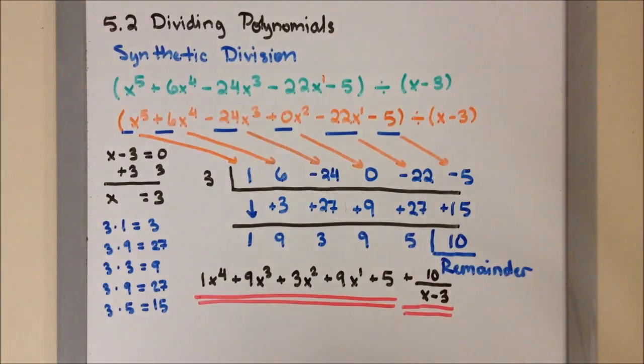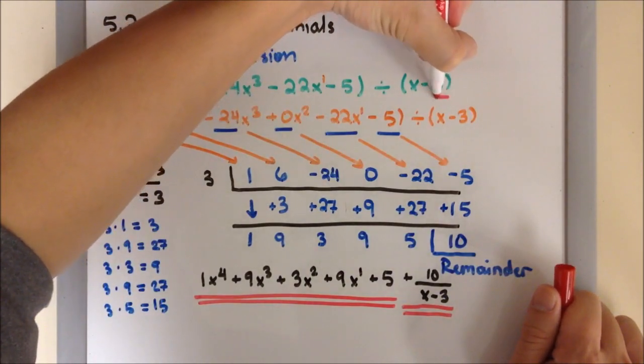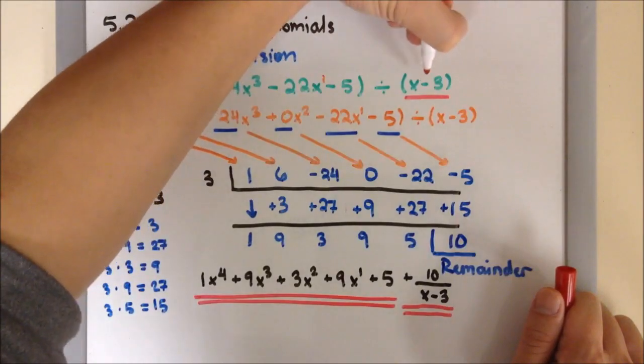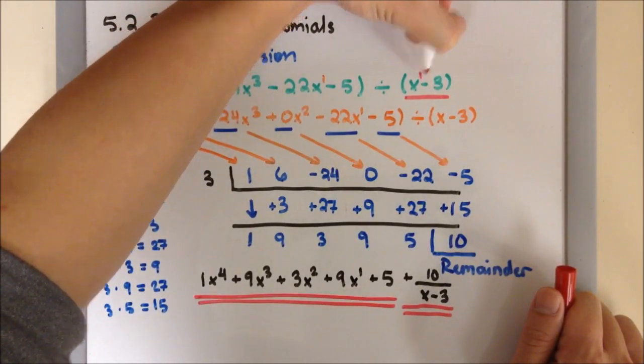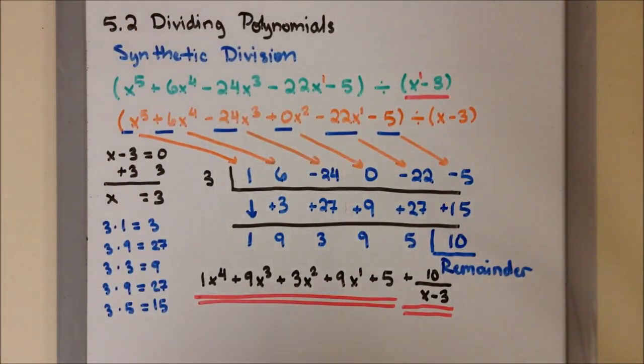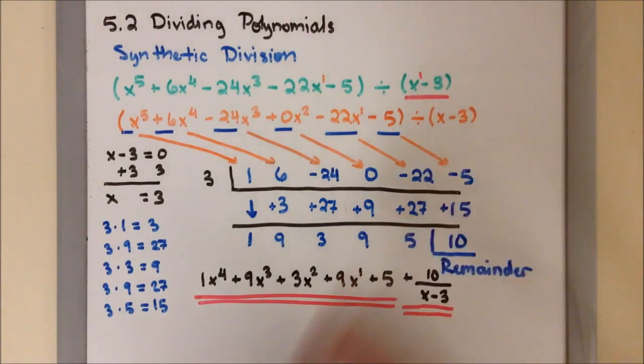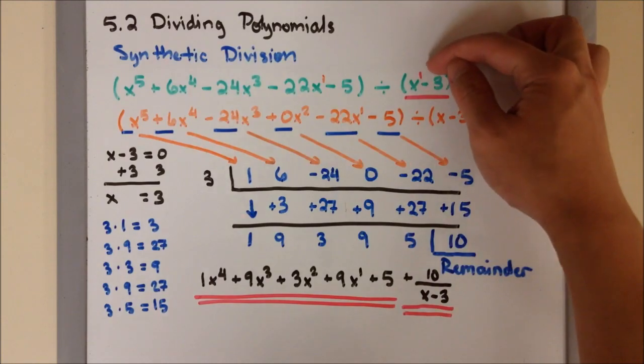Now, I mentioned before that synthetic division only works for certain cases. Now let me talk about those certain cases. It depends on your divisor. This one right here, x minus 3. Now, the exponent on the x is the invisible 1. So, synthetic division only works if the degree of the divisor is only 1.